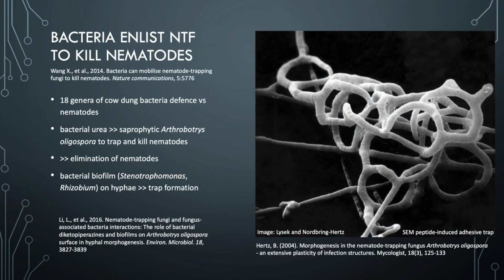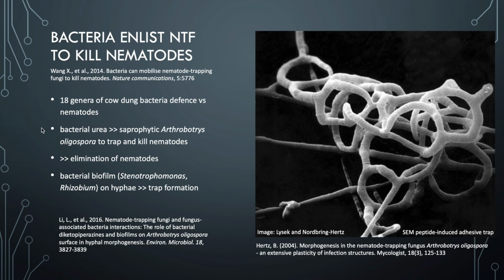Another fascinating piece of the puzzle is that bacteria are often associated with nematode-trapping fungi. And in fact, they enlist nematode-trapping fungi to kill nematodes as a way of protecting themselves from being eaten by nematodes. So in this particular study, the researchers have found that 18 genera of cow dung bacteria defend themselves against nematodes using fungi.